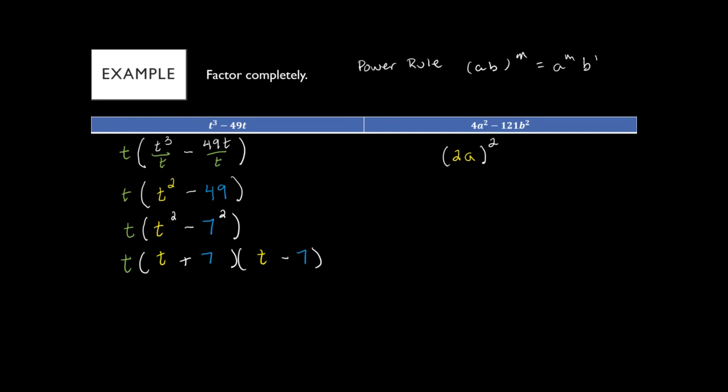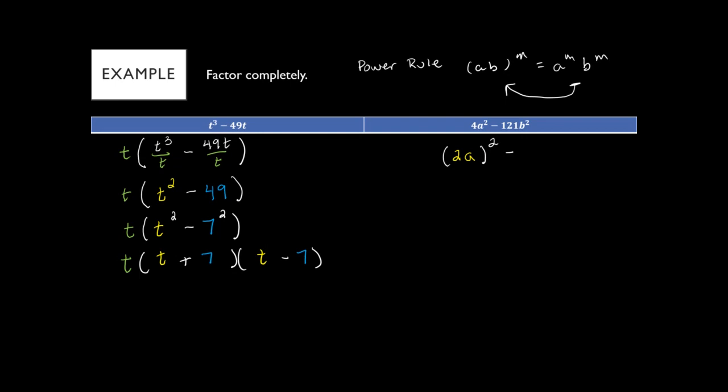So that'd be a to the m, b to the m. So we're kind of undoing that because we have 2 squared and a squared. So we're undoing the power rule, reversing it, going to the left. So we have something on the right, and now we're going to the left so that we can rewrite this as 2a squared.